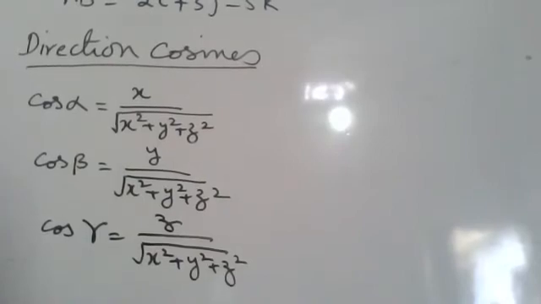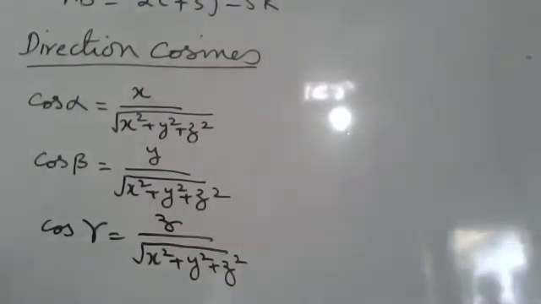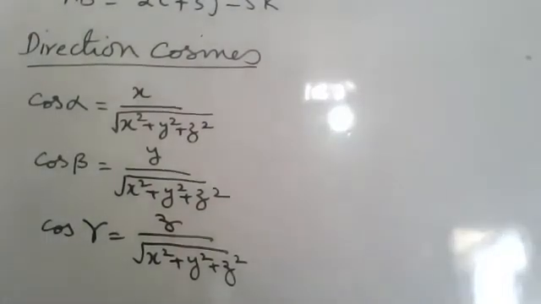This is cos gamma. So cos alpha is x upon the magnitude, cos beta is the y component divided by the magnitude, and cos gamma is the z component divided by the magnitude of the vector.